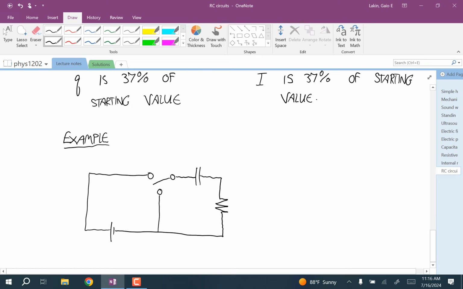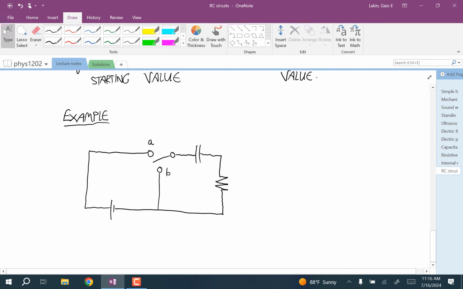Okay, so that's what the circuit looks like, and I'll call this position A and this position B for the switch. The battery has an EMF of 20 volts. The capacitor has a capacitance of 1 times 10 to the minus 6 farads.